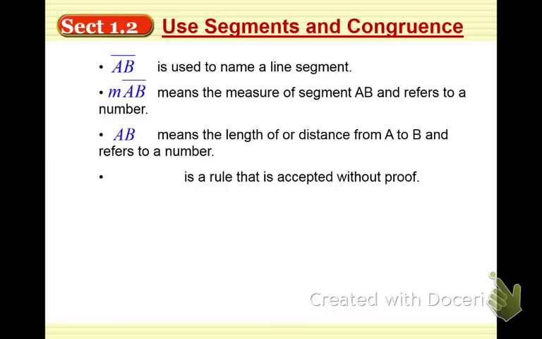And so rules in geometry that are accepted without proving because it just makes a ton of sense are called postulates. And very often when we introduce a postulate, you're going to say, why are we even talking about this? Because that makes just too much sense. And that's sort of the point, right? We accept them as being true without a proof. And that's why they're called postulates.